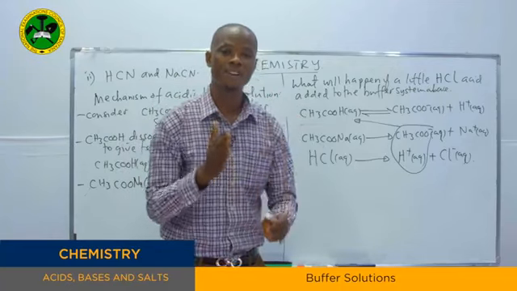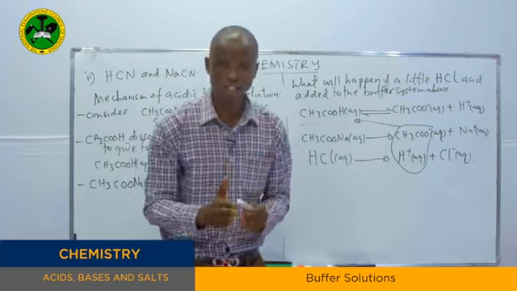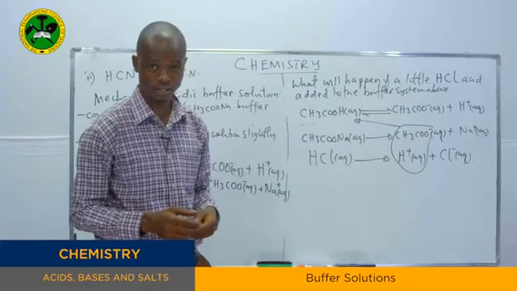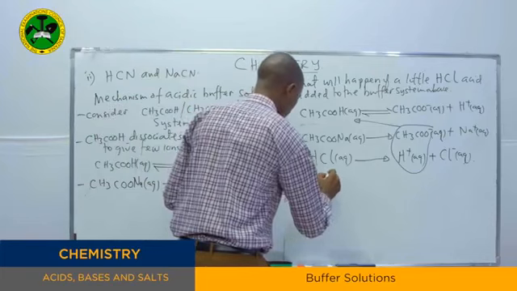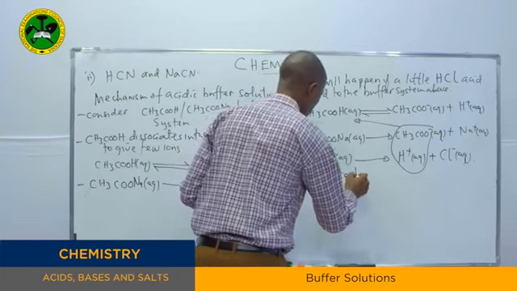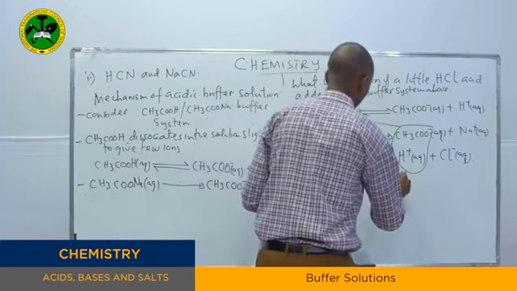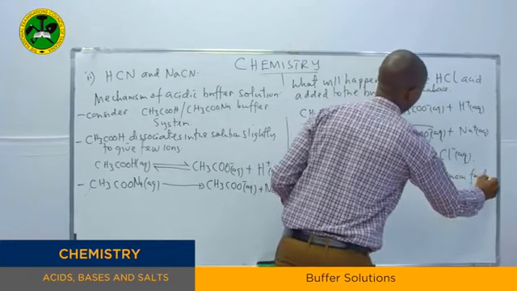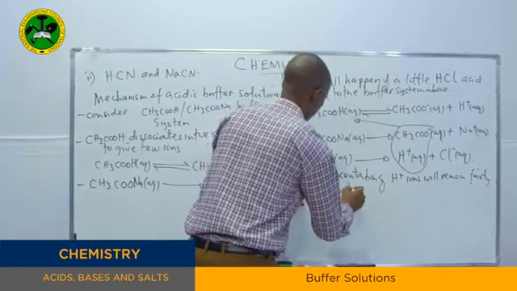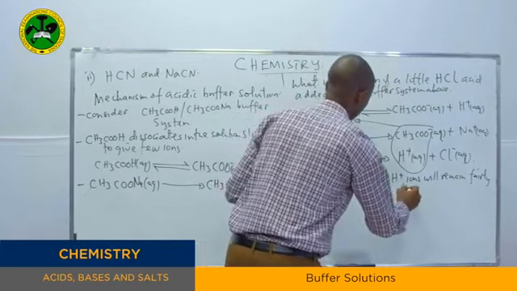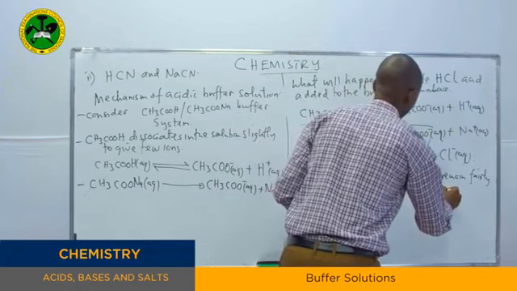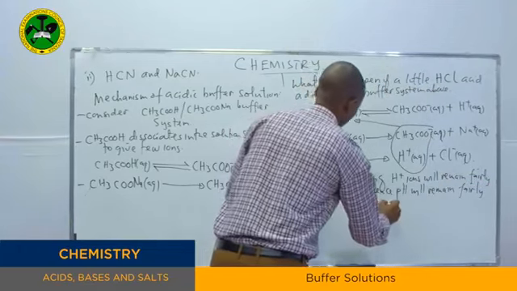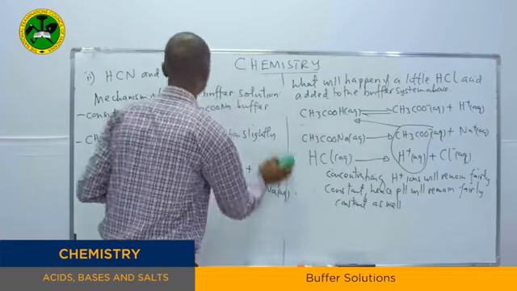That is how the buffer solution can resist the change in pH when a small amount of hydrochloric acid is added into that system. So that is number one.